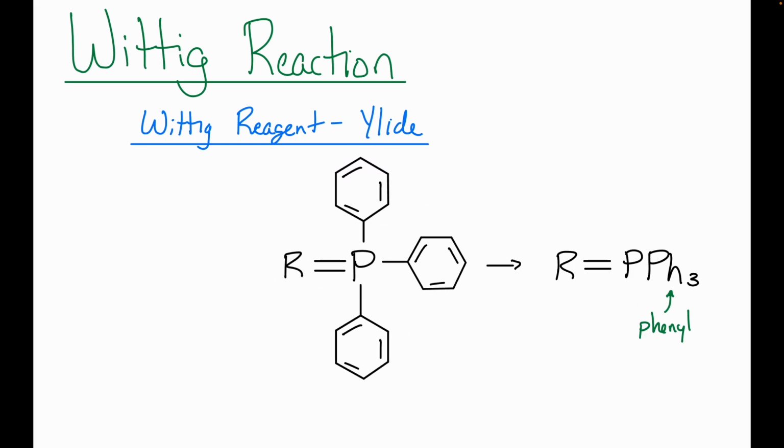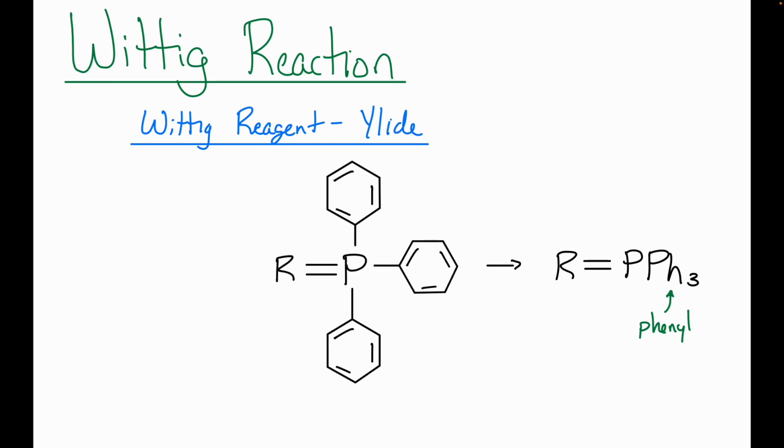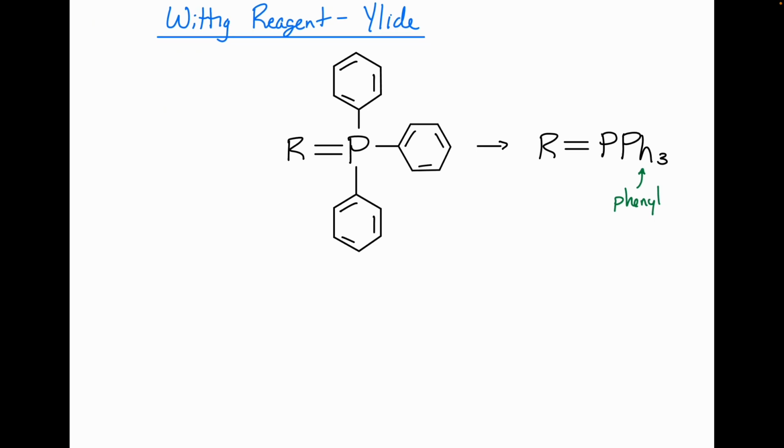You'll see it drawn out, but you yourself do not have to draw it out. All right, so how do these react with our aldehydes and ketones? All right, so let's take a ketone here.